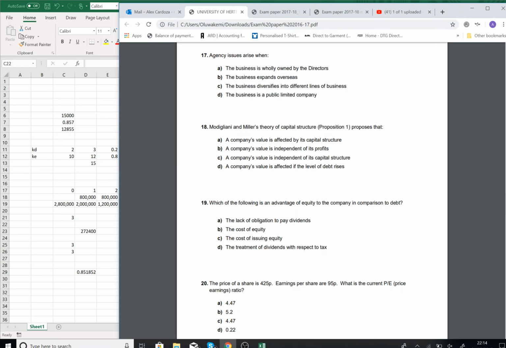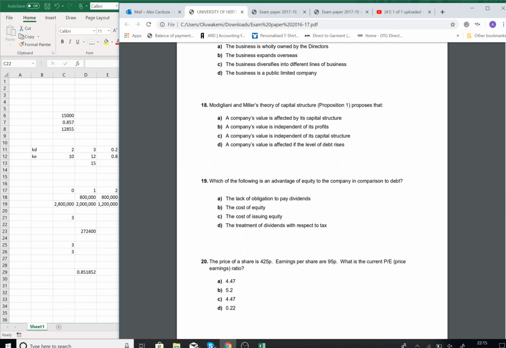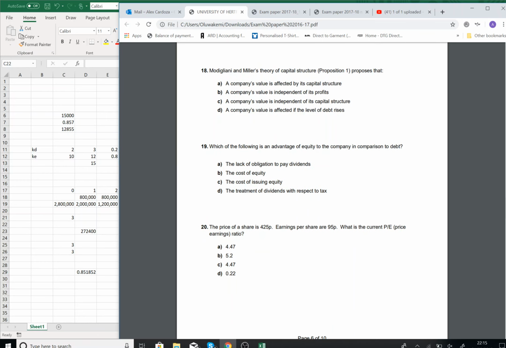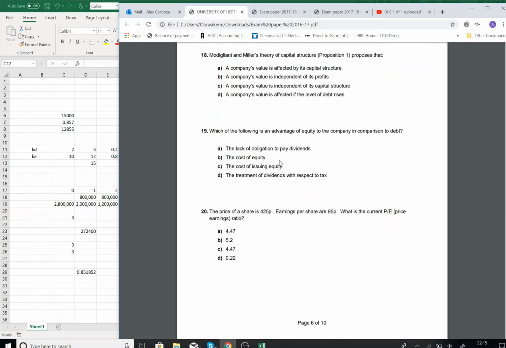Which of the following is an advantage of equity to the company in comparison to debt? That's 19A. They don't have to pay dividends. So yeah, they have to pay their interest payments by law, but they don't have to pay dividends. So that's an advantage of equity over debt.